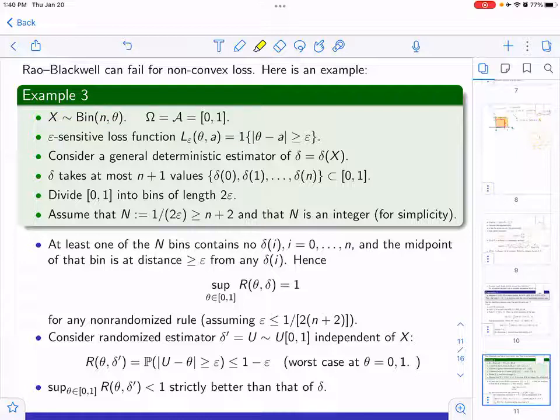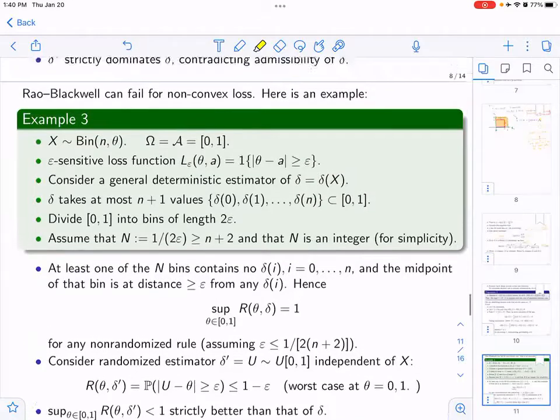So by sufficiency reduction, this is a problem of estimating the probability of a coin flip, like n trials of a coin flip. And then the action space and the parameter space are 0 to 1.